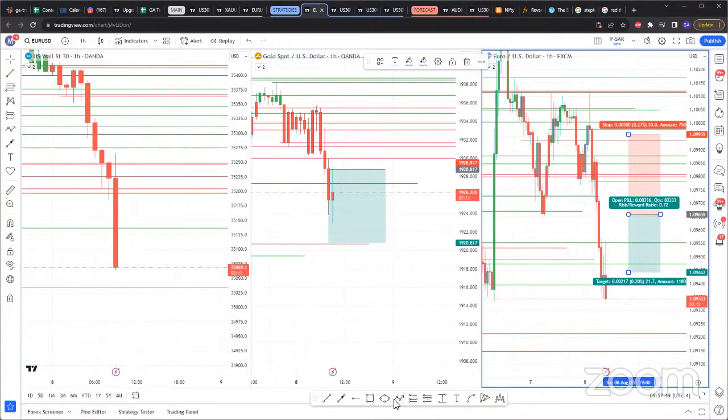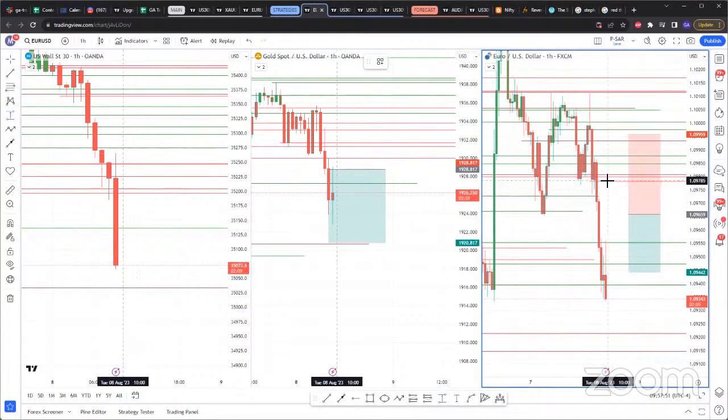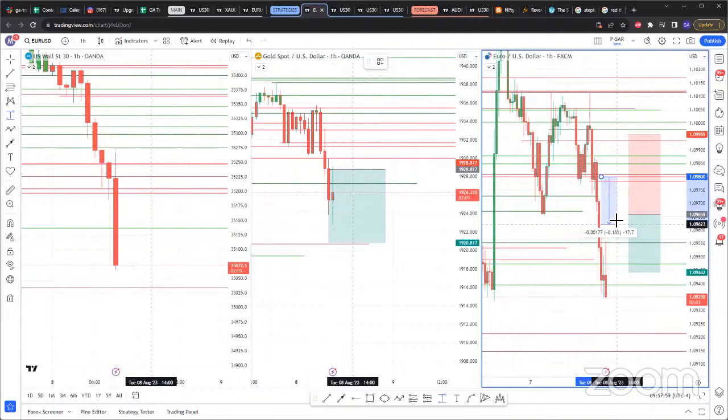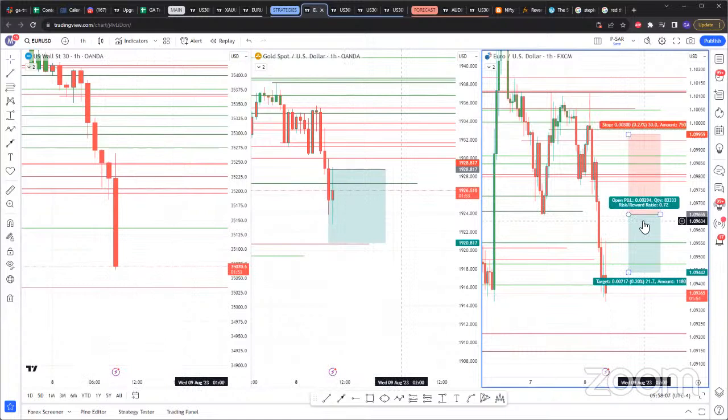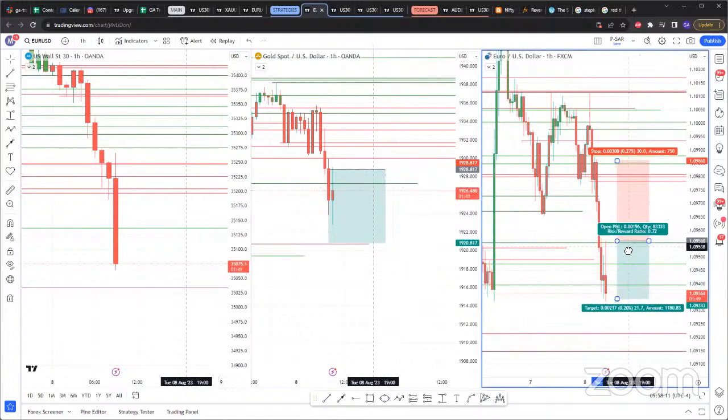But here for EU, you can see the double SRs are about 30 pips away from where the entry was, or 25 pips away. So if my TP is like 50 or 60 pips on EU, I really don't want to be entering a trade that's already like 30 pips in the direction that I wanted to trade in.